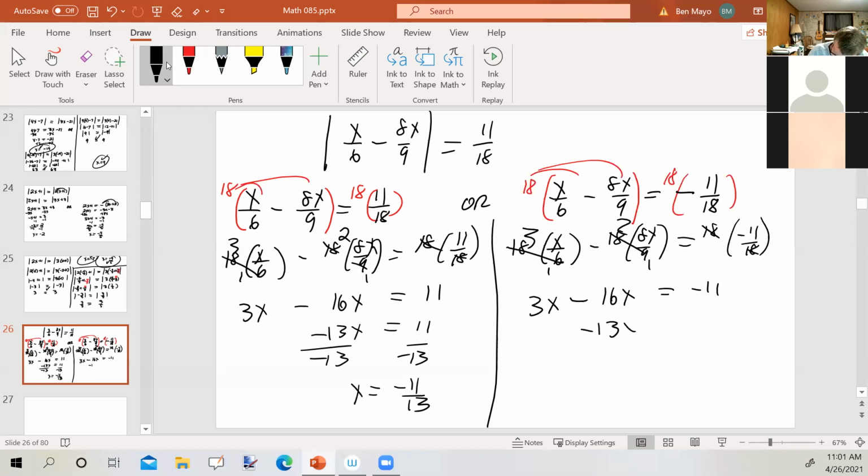Simplifying further, negative 13x equals negative 11. Divide by negative 13, x equals 11/13. So I've got two possible solutions.